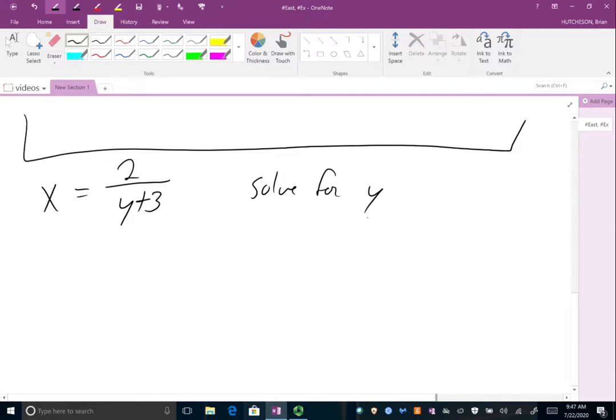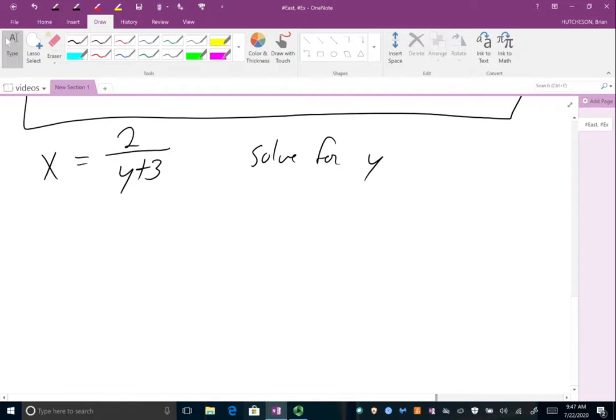And how I see students dealing with this is they say, well, we don't want the fraction, so we multiply both sides by y plus 3. Nothing wrong with that. These cross out, leaving me a 2 on this side. I usually see distribution xy plus 3x.